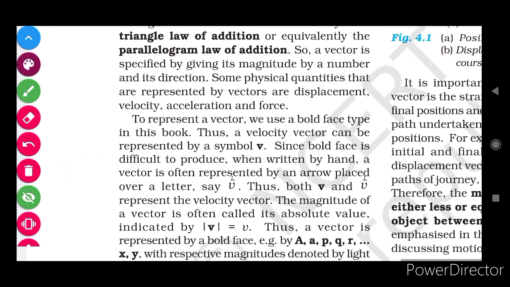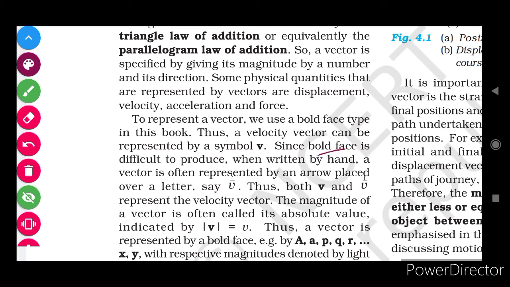Whenever a bold letter comes, just understand that it is a vector. But in other books, they just make an arrow above the symbol of the physical quantity, and that represents a vector.